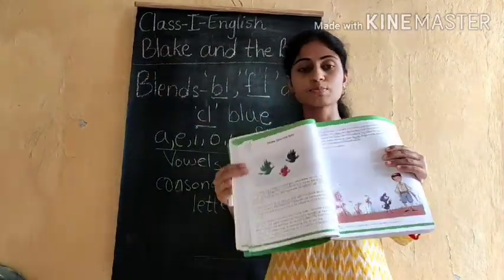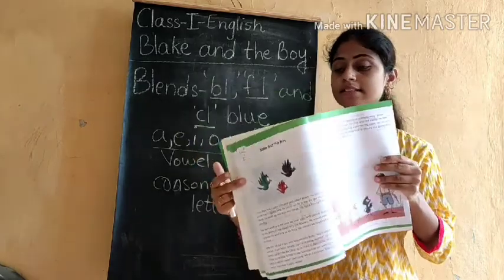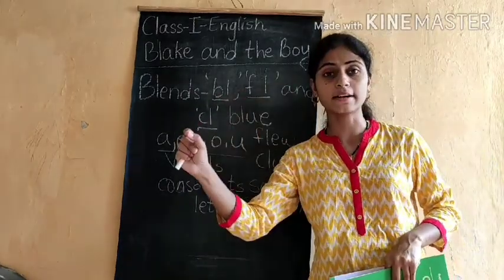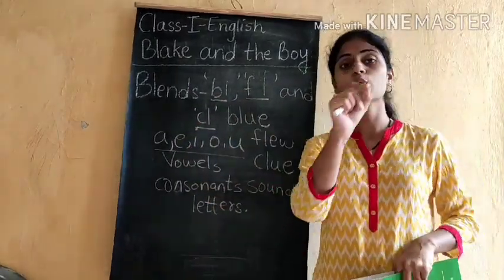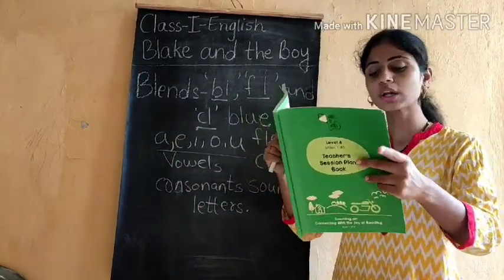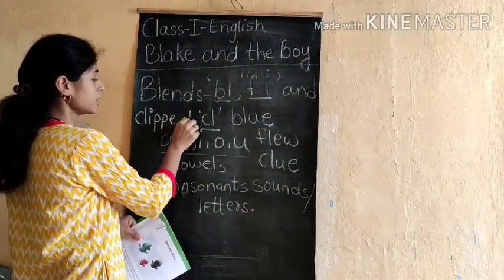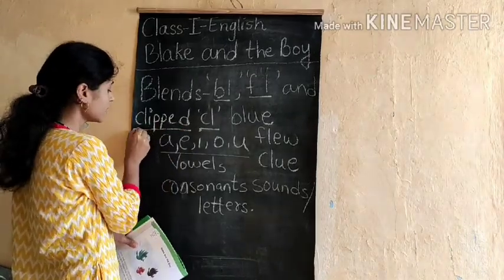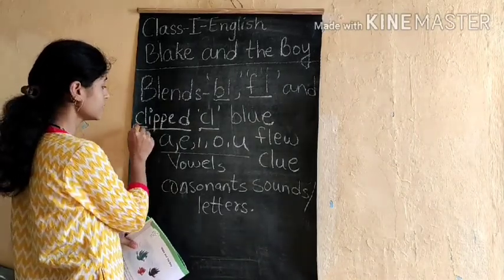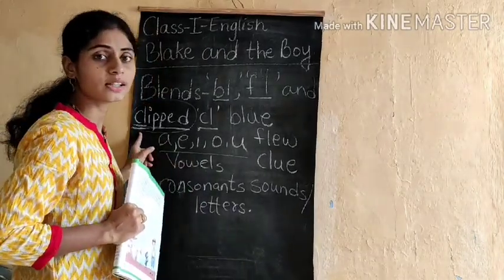Whenever you are reading this lesson, if you find words starting with BL, you are going to underline that. If you find FL, you are going to underline that whole word. For example, here I can show you clipped wings. The word clipped is actually there in your lesson, so you are going to underline this whole word, because it begins with CL.